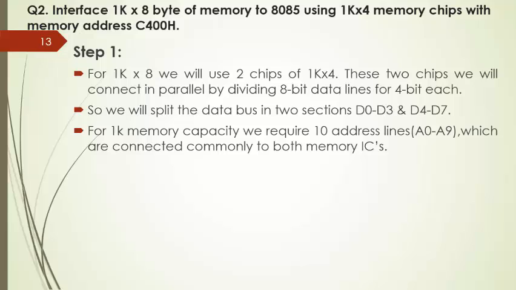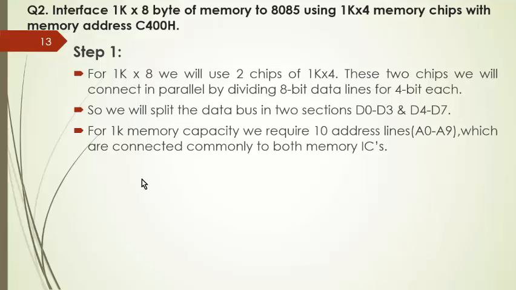So first step, for 1K by 8 we will use 2 chips of 1K by 4. Why 2 chips? Because 8 data pins are required, but each memory chip has only 4. So to get 8 data lines we require 2 memory ICs.